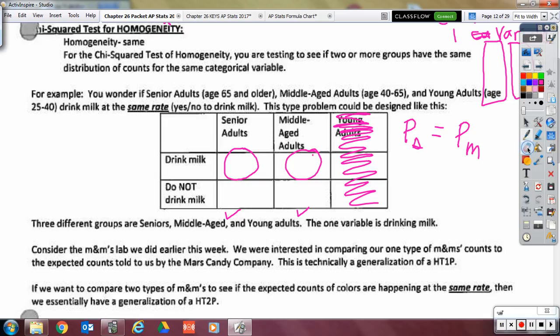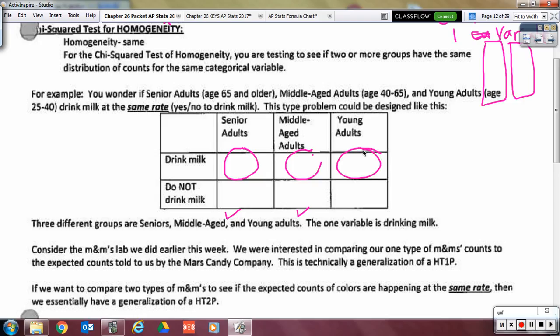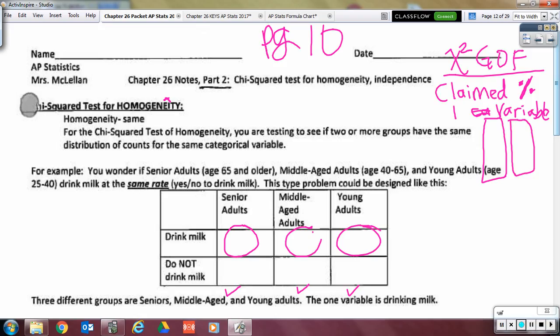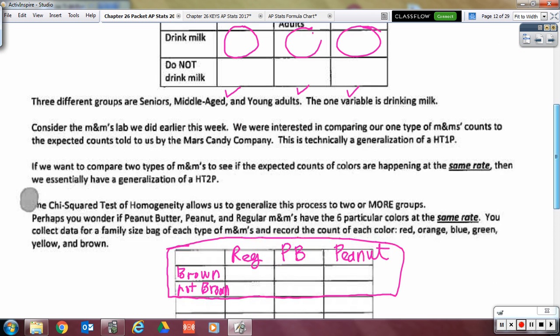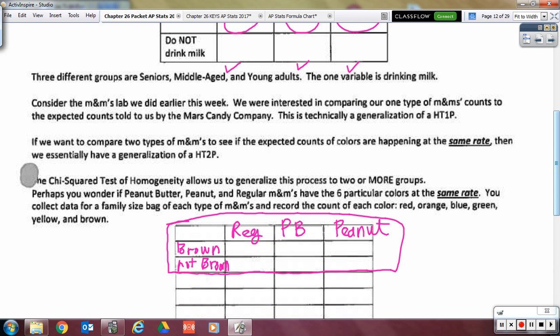However, in this case, I have a third category. Since I have a third group, I've got multiple proportions, and I can't just do a two proportion z-test. That's when the chi-squared test of homogeneity comes into play. These do not give me claimed percentages like chi-squared goodness of fit. Again, we want to compare those types to see if they are happening at the same rate.